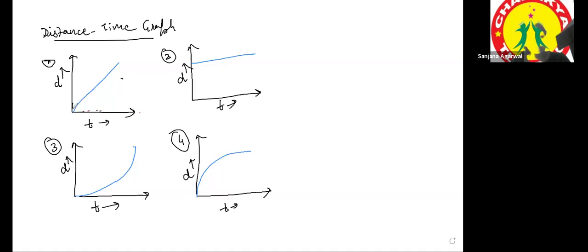First is straight, slanting upwards. Second is straight but parallel to the x-axis. Third is a curve that is increasing gradually. And the fourth one is first increasing and then reducing. We can say overall it is reducing: up to a little extent it has increased, and then further it will be considered decreasing.